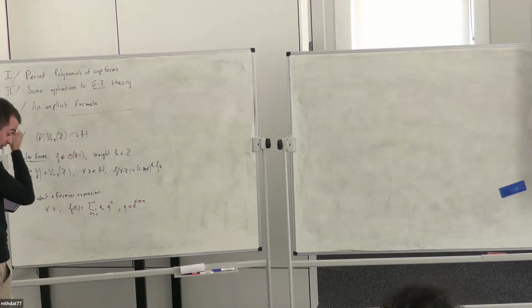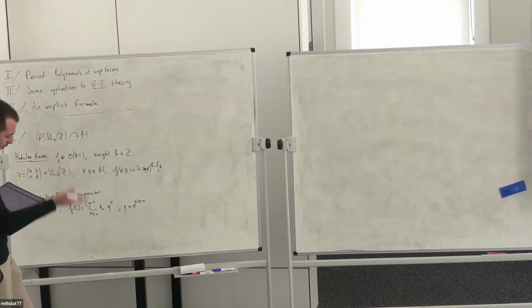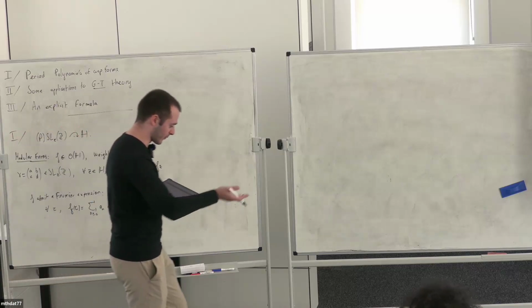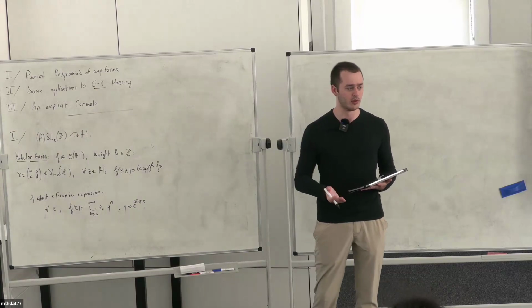The first condition can just be expressed as two simple functional equations considering any set of two generators of the modular group, and the second one just means that f of tau should be bounded as the imaginary part of tau tends to infinity.